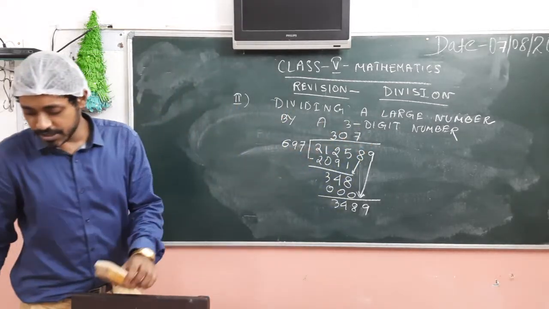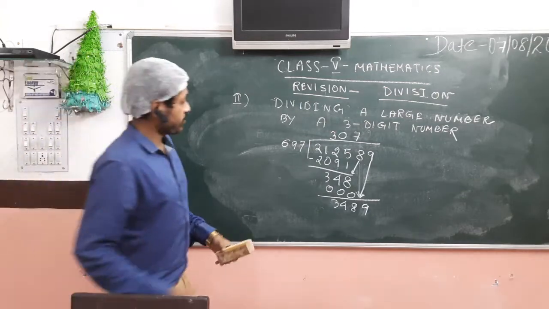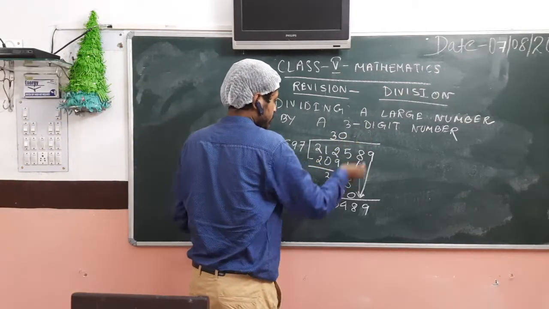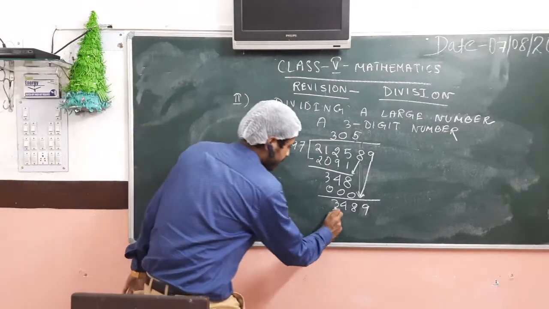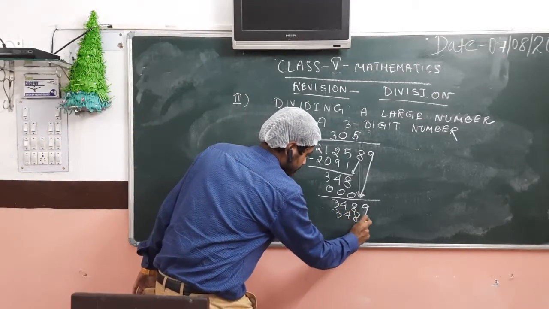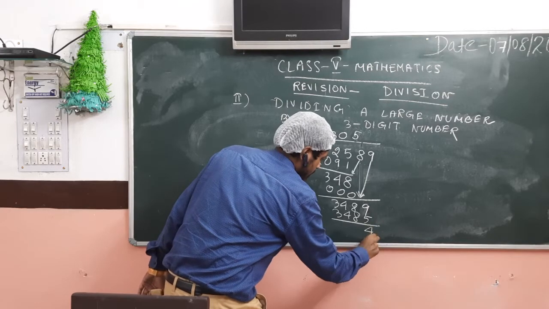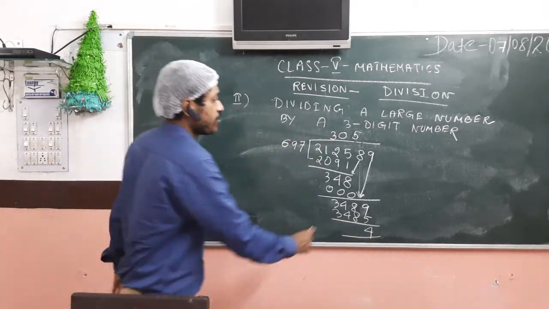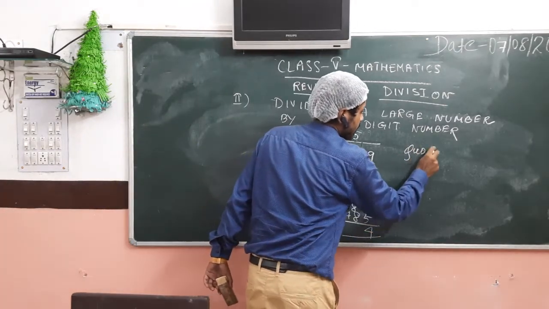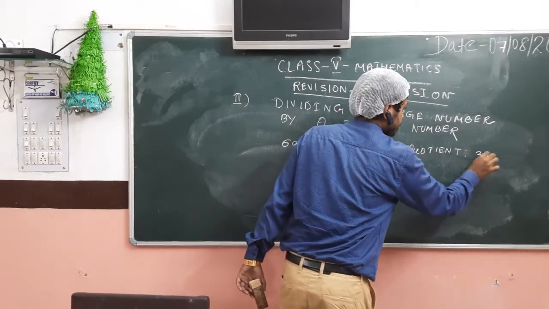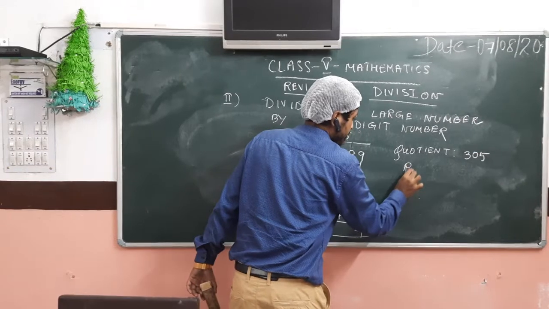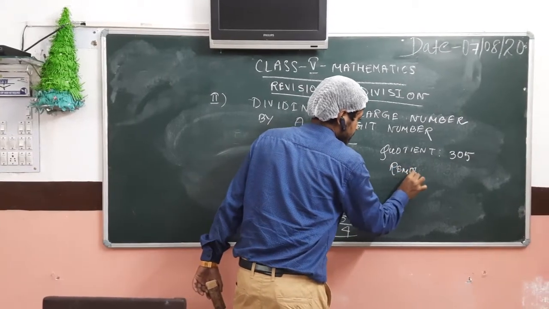So therefore here we have the quotient to be 305 and the remainder to be only 4.